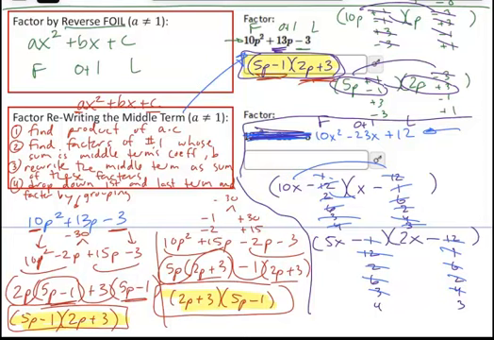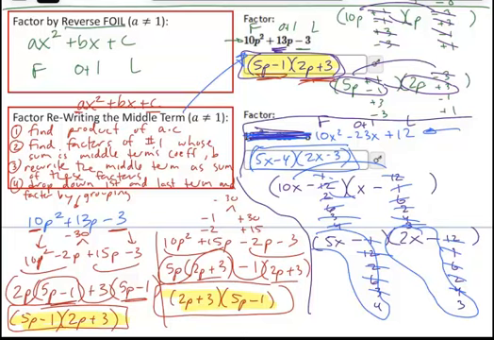And then finally, negative 15 minus 8 is negative 15 minus 8. That is my answer. So my factors wind up being 5x minus 4 and 2x minus 3. Okay, so if I'm doing a problem like this by trial and error, that's the process I would use.